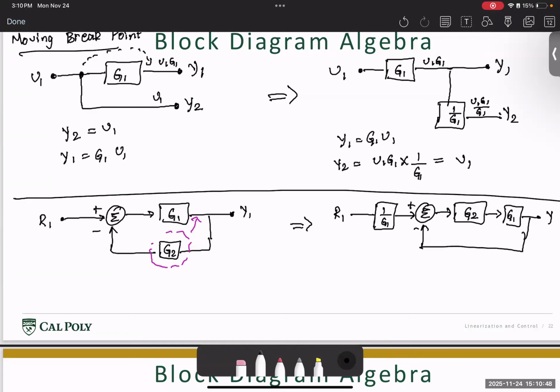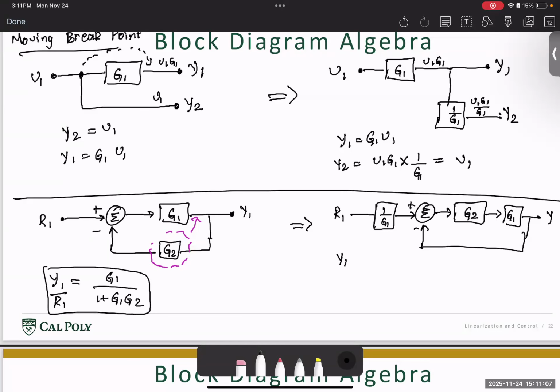Let's check if these are equivalent. Here we know for a typical feedback, the total transfer function is nothing but G1 divided by 1 plus G1 G2. Let us verify if it is the same. In this case, let me write that Y1 by R1. Then in this case, let us see if this is the same.